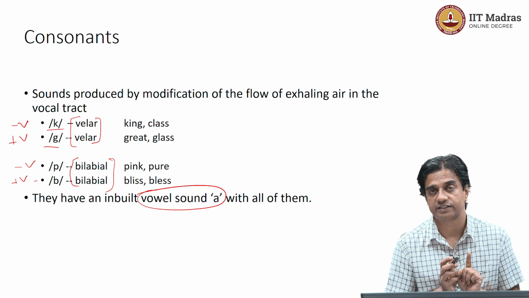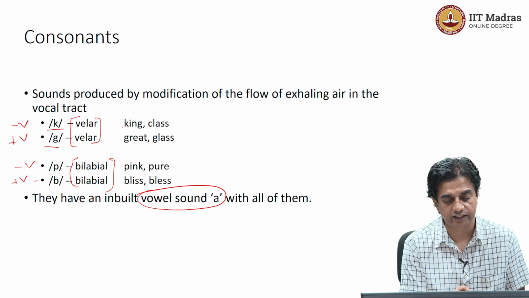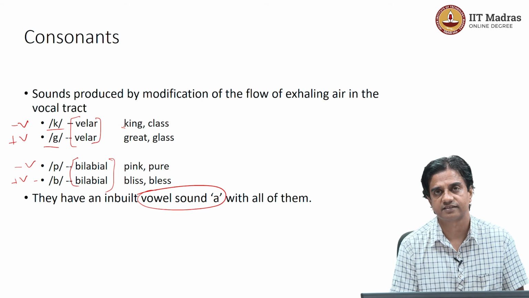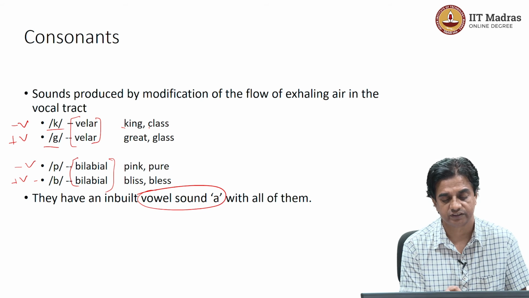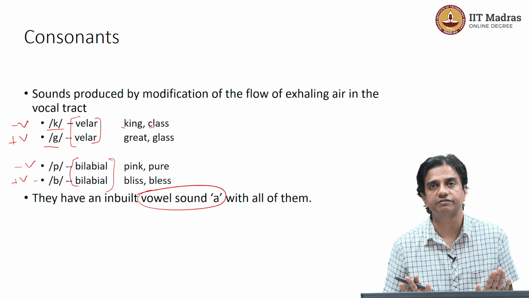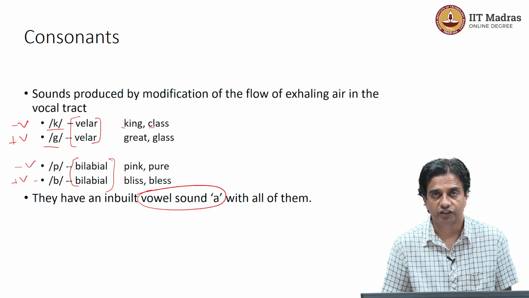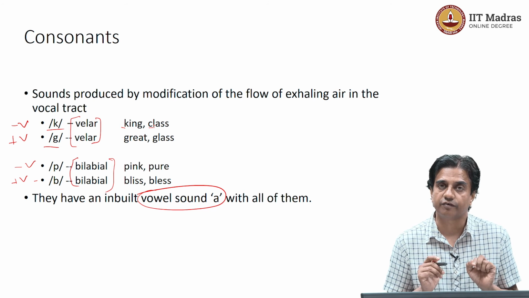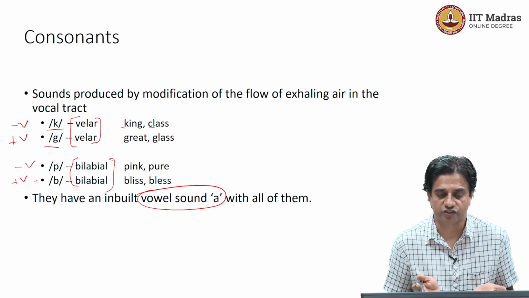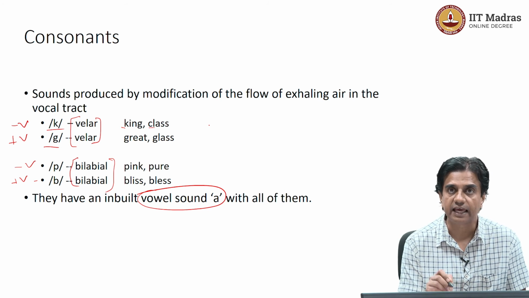Once more, the first sound in the word king is ka, and the first sound in the word class is also ka. It's a different matter that they are written differently as a matter of spelling in English. So, and this is what will be useful when you have done the exercise that I have asked you to do. So, you will get to see when you write king.